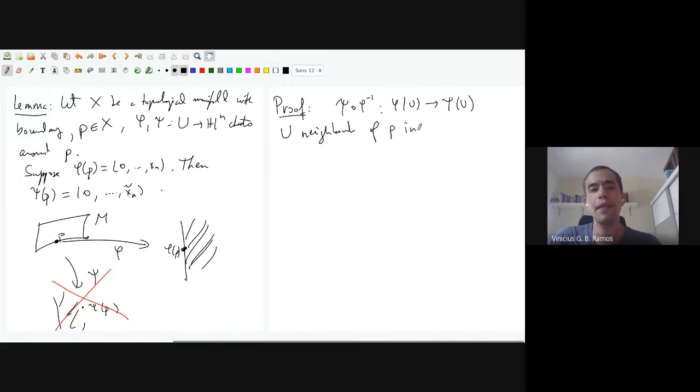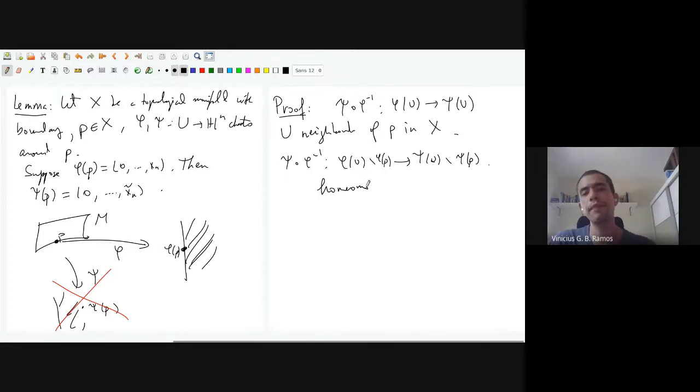And then if you remove phi of P and you remove psi of P, then you have a homeomorphism from an open set in Hn to an open set in Hn.